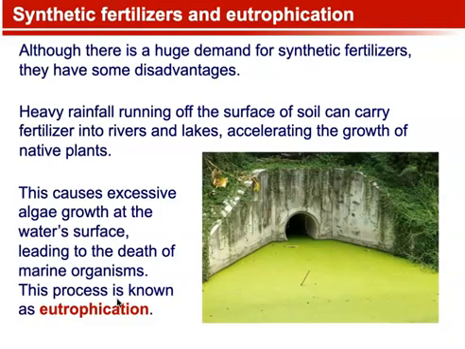It is then decomposed by decomposers. Sometimes all of the oxygen within the water is used up by these decomposing organisms. This can lead to large amounts of fish death or other organisms found in the water that are reliant on the oxygen.